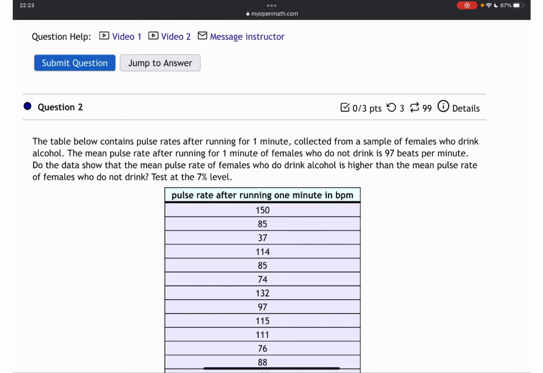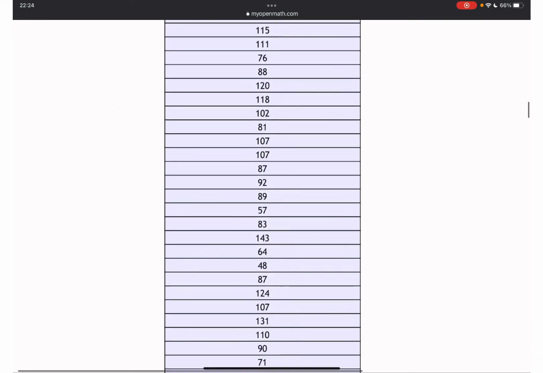When it says is, that means it's an equal sign, right? In this case, it's going to be an equal sign.